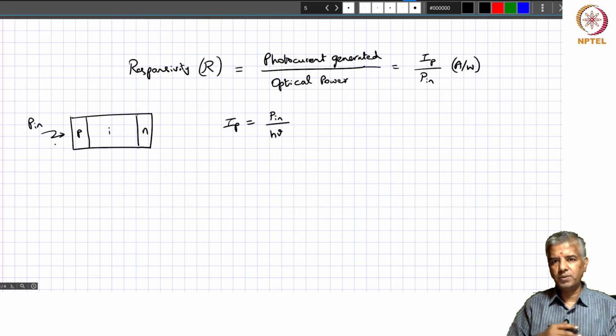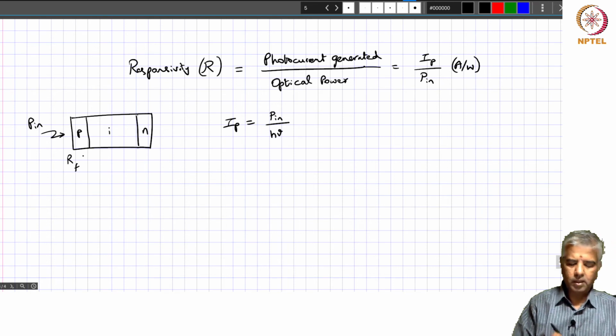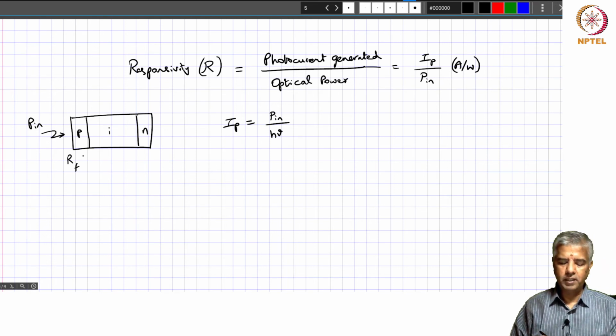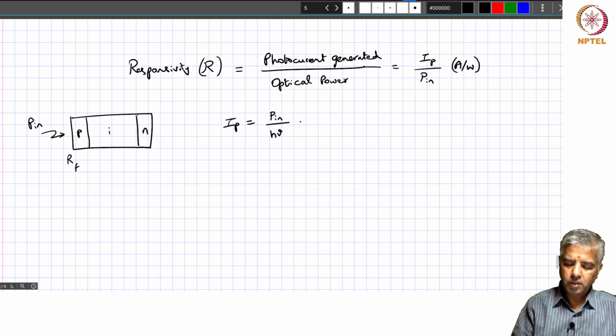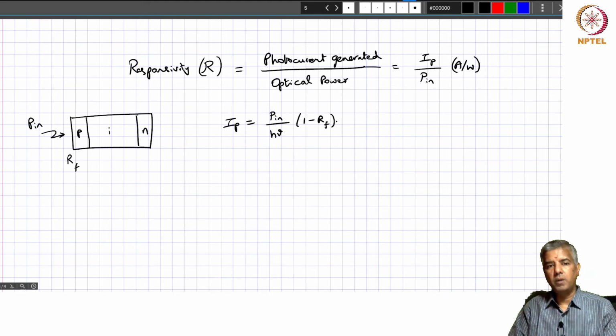So there's a huge mismatch in the refractive index, and that causes a certain reflectivity, which is what you call the facet reflectivity, RF. So only the fraction which is not reflected would be 1 minus RF.